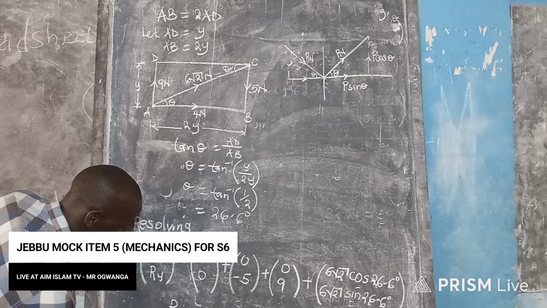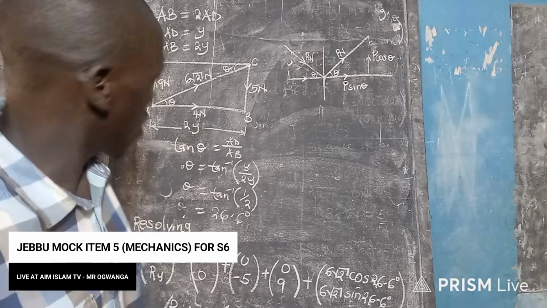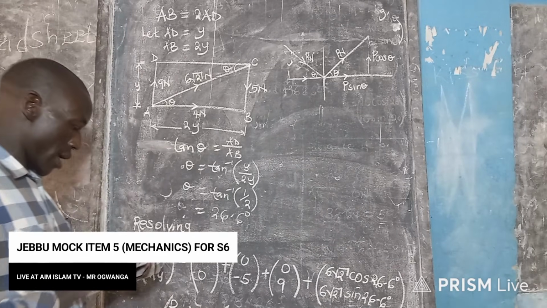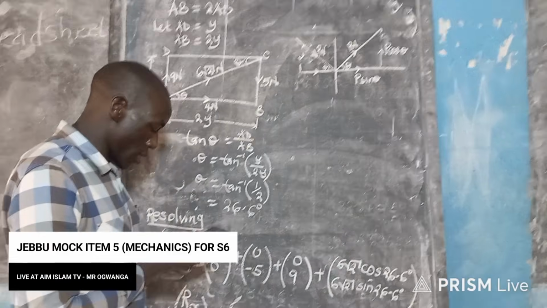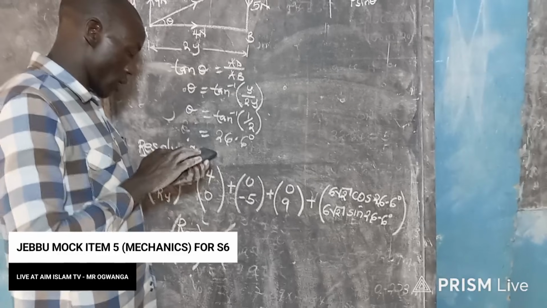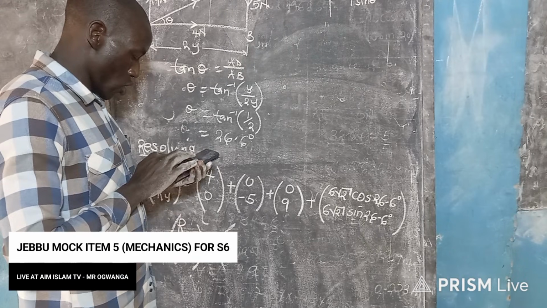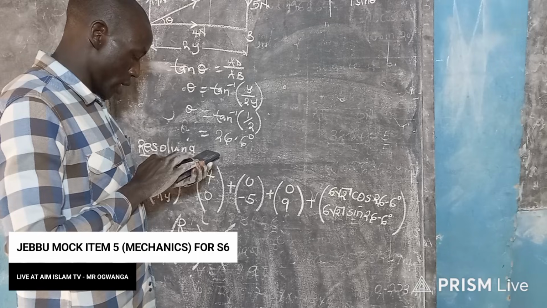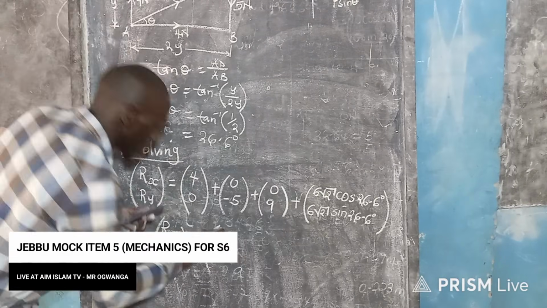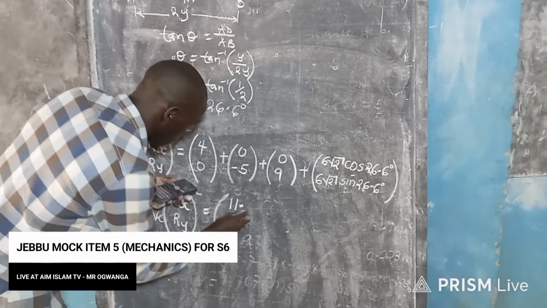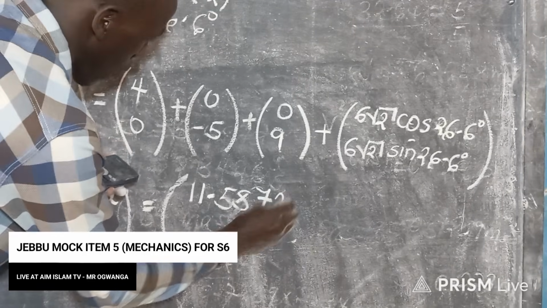So now we can get the Rx and the Ry all together. I'm starting with Rx, that is 4, because all these ones are 0, plus 6 root 2 cos of 26.6. So on Rx we are having 11.5872.